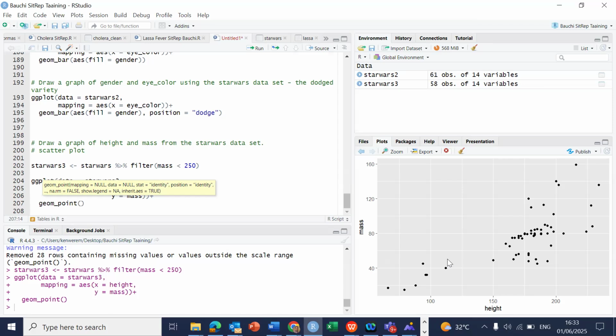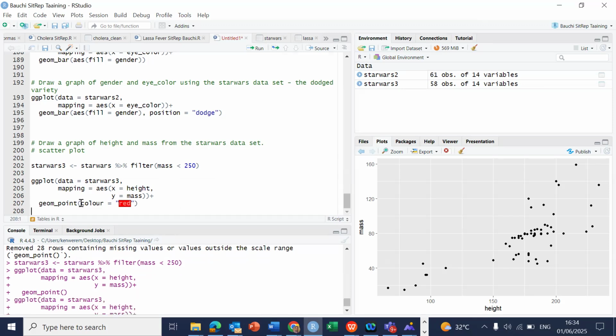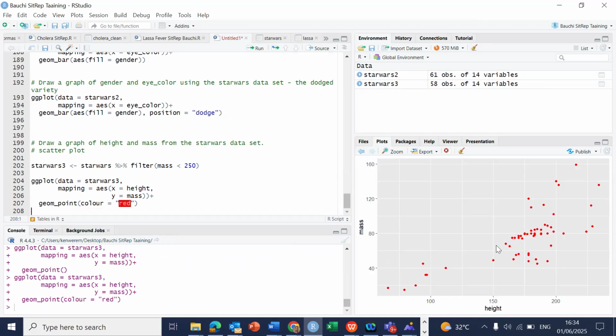So in geom_point, we don't use fill because there's no hollow to fill. Rather, we just use color equal to, let's say, red. If we do that, it changes all the points to red.